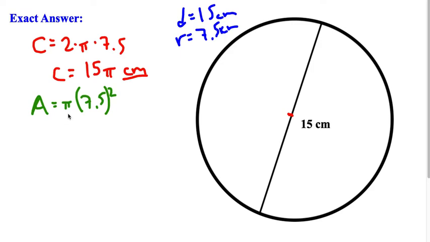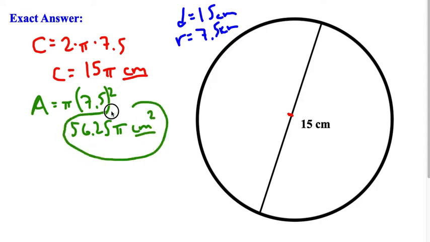Everything that's a pi is just going to stay a pi. So it happens to work out that this is 56.25. That is what 7.5 squared is. And then the exact answer would be 56.25 pi centimeters, but because it's an area, squared. So that would be our final answer. The exact answer leaves things in terms of pi, simply put.